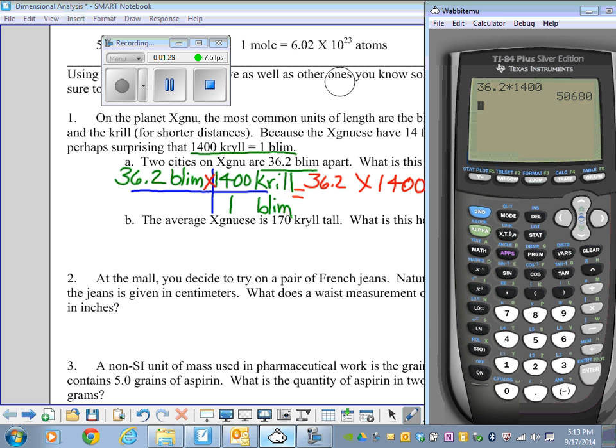When I solve in the calculator, I'm going to first clear, and I will put in 36.2 times 1,400, and that equals 50,700.